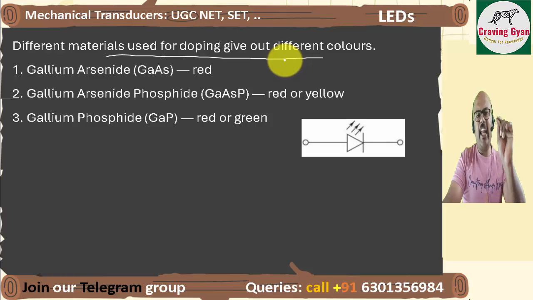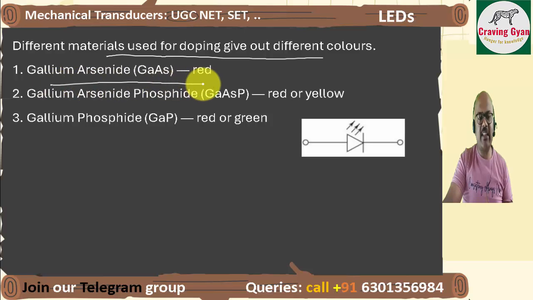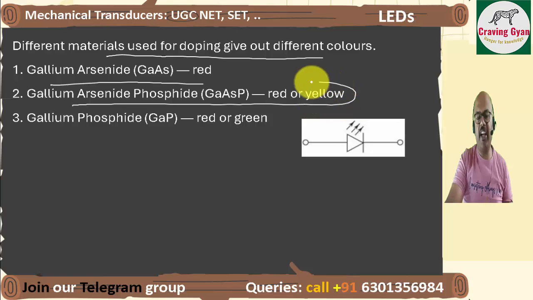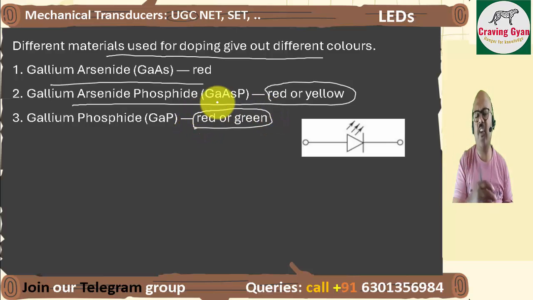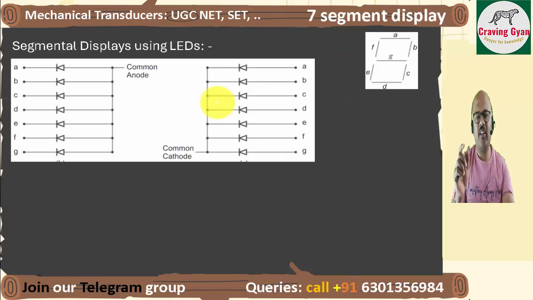See, a single LED can emit multiple colors based on the wavelength, right? Gallium arsenide red, gallium arsenide phosphide can emit red or yellow, and similarly gallium phosphide can emit red or green. See, in serial sets and all, you can see a single LED will be there, but it will be emitting multiple colors. Simple thing is what voltage you are going to provide.